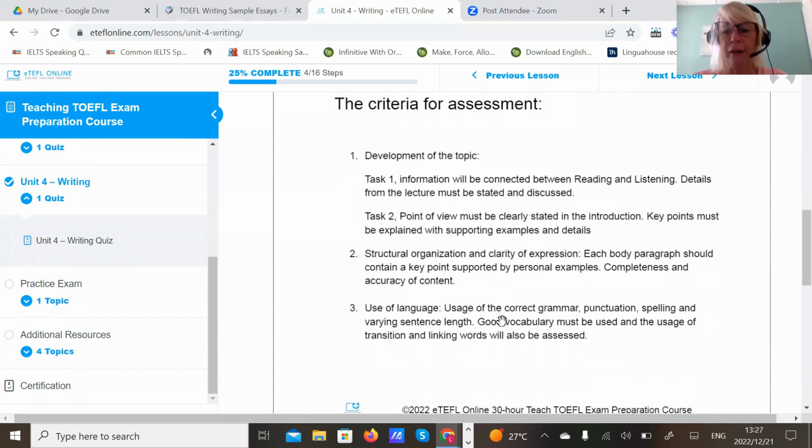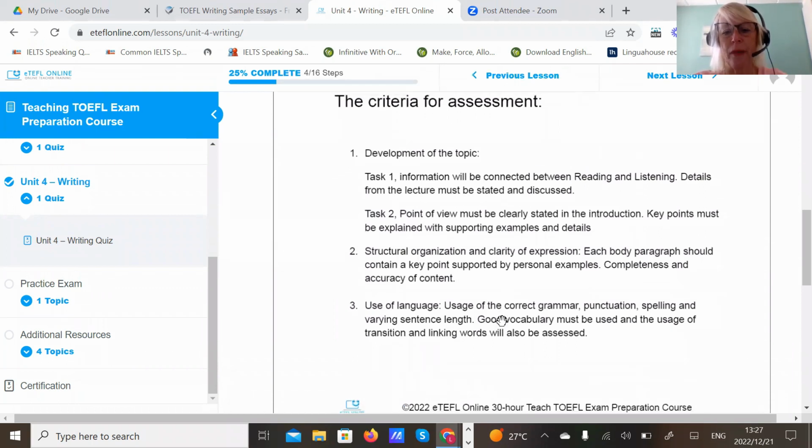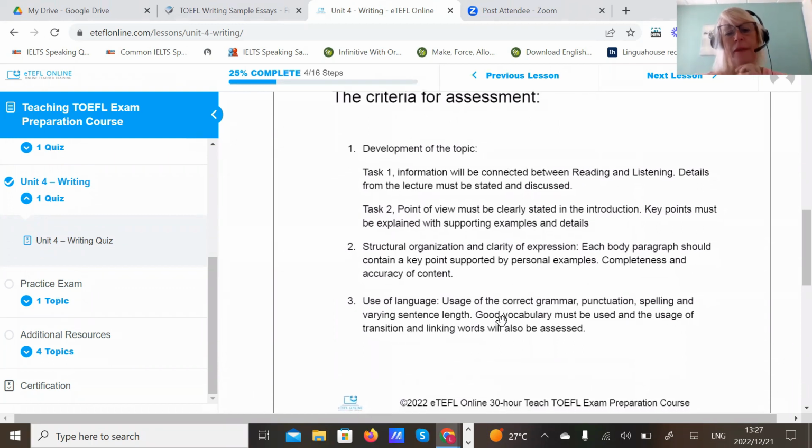The criteria: the point of view clearly stated, as I said, key points must be explained with supporting examples and details. And then in task 1, connecting the reading and the listening and the details from the lecture.